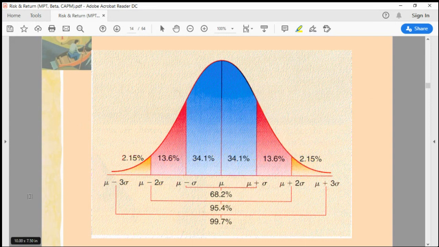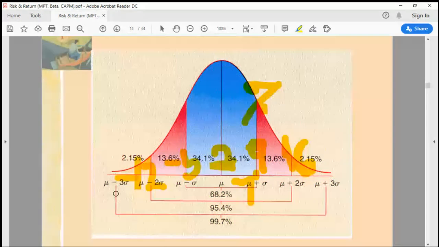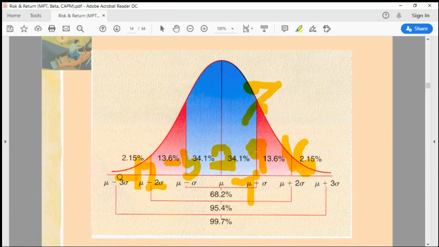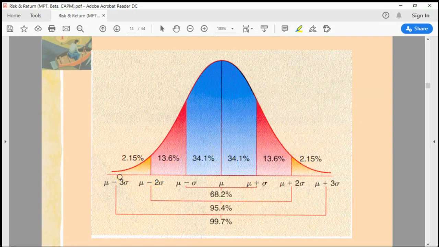You remember the worst month for Apple was November 2018, with like negative 18% return. So that lower tail 2% event happened in November 2018. Outliers can happen, but with 2% probability. Make sense?